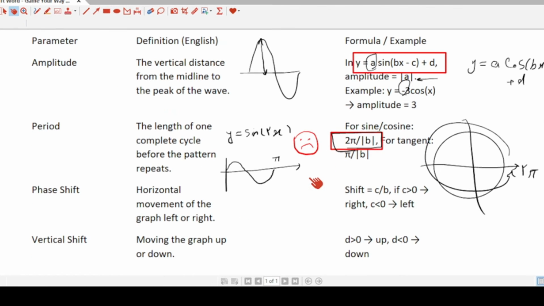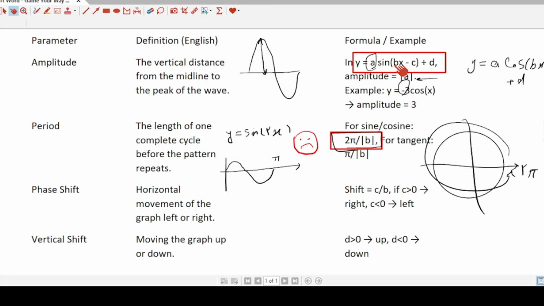And if we want to see how much the function moves forward or backward, we use the number c, because the number c pushes the function forward or backward. In fact, it is a transformation. A gives vertical stretch.